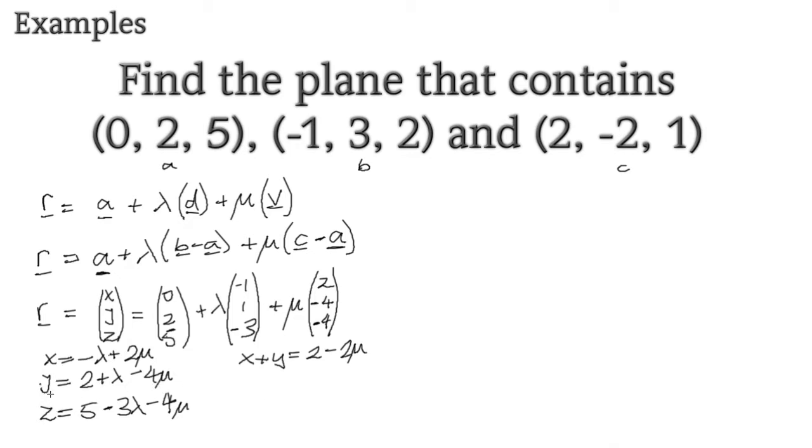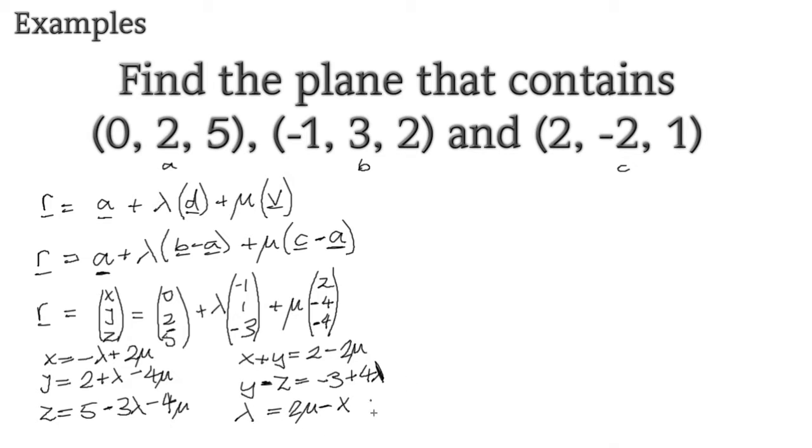Then we can also take y and y take z equal to minus 3 plus 4 lambda. From these two, now we have enough information to solve. We need to find a relation between lambda and mu, so we can state that lambda, from rearranging the first equation, is equal to 2 mu take x.